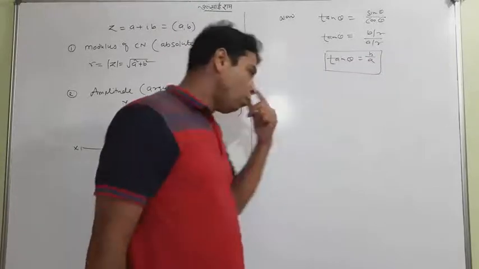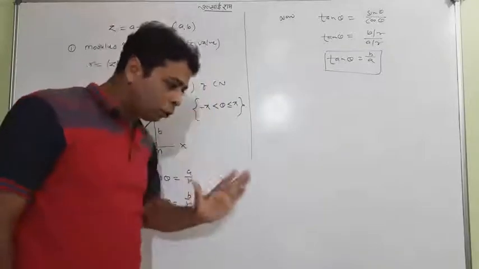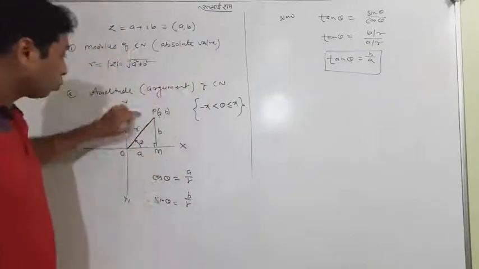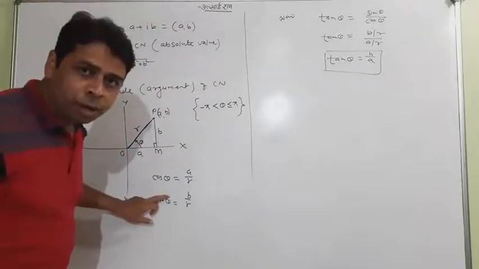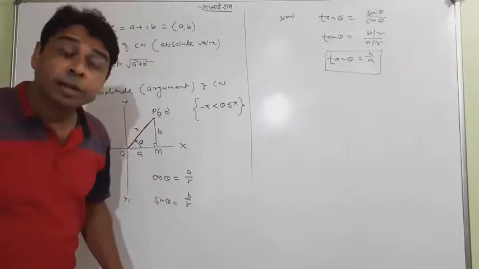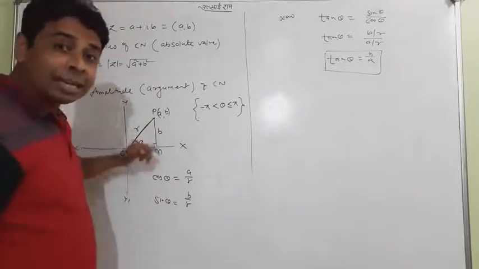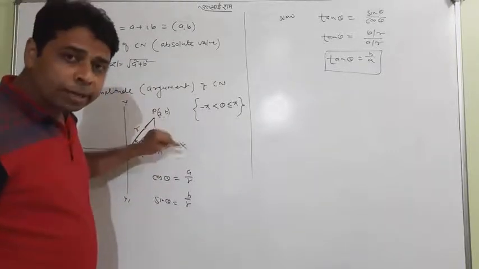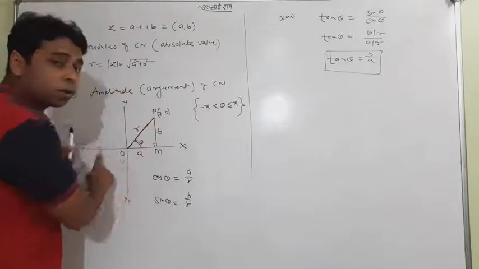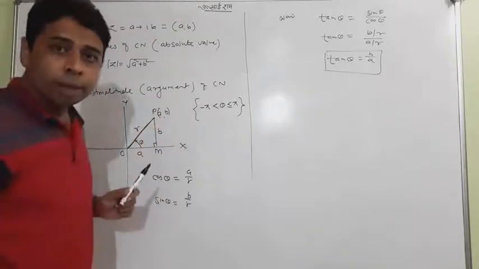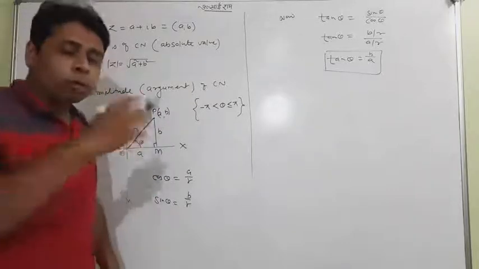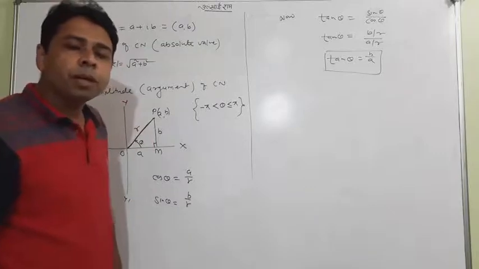So I would like to give you one example, but it is very important to tell you one thing: we have four quadrants, students. The amplitude of any complex number very much depends on which quadrant your complex number is lying in, the first, second, third or fourth quadrant. Because the point changes its place, whether in the second, third or fourth quadrant, the methods will change.